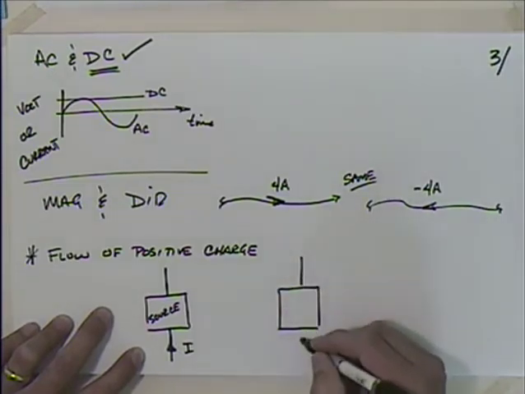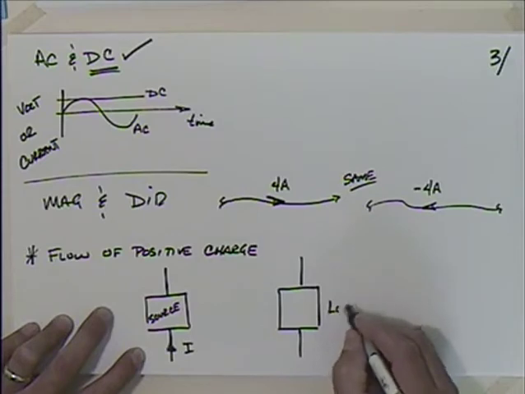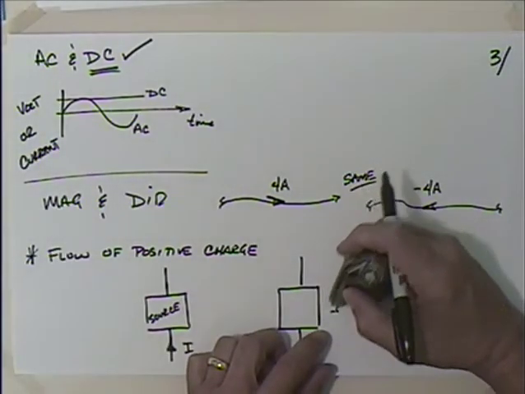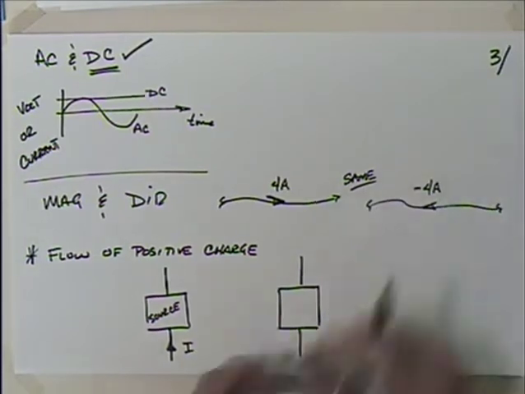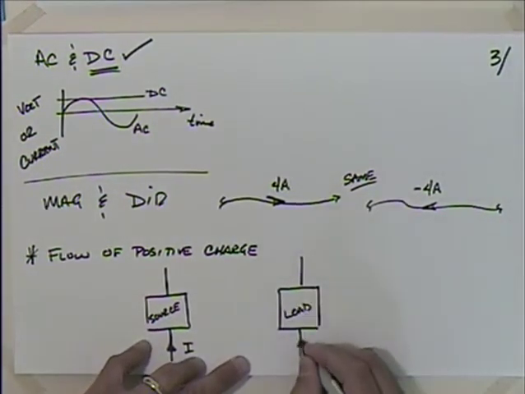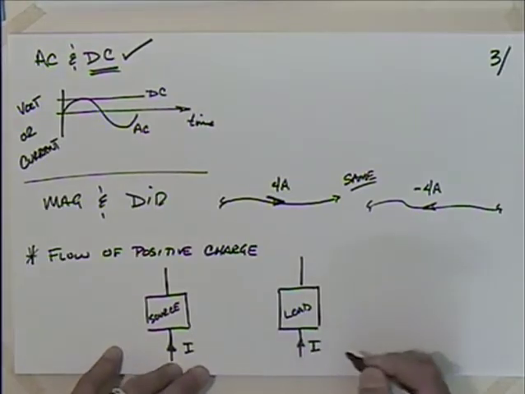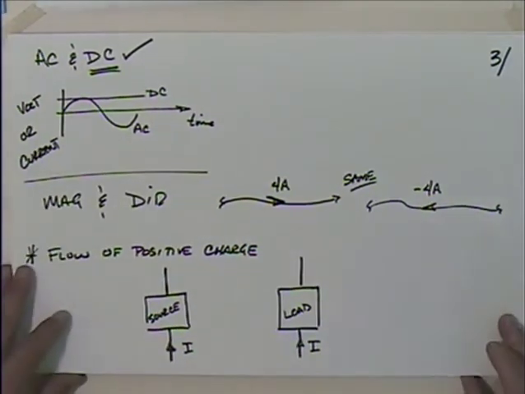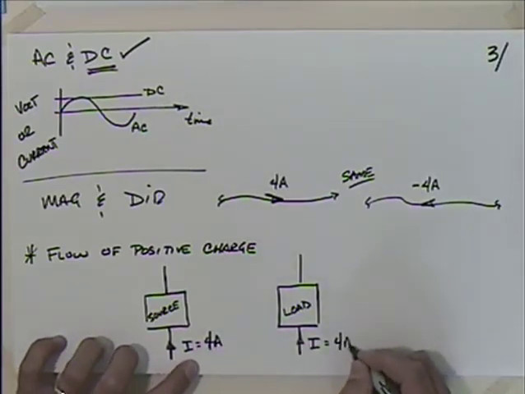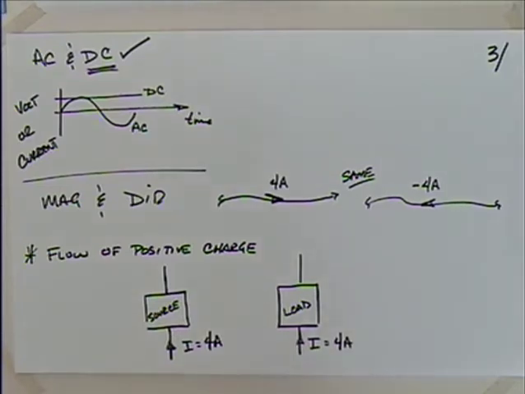Let's say that we have a load. Being very consistent there. We've got a load, and I've got current going into this load. Let's say that this is 4 amps. Likewise, this is 4 amps, so it's not a negative number or anything.